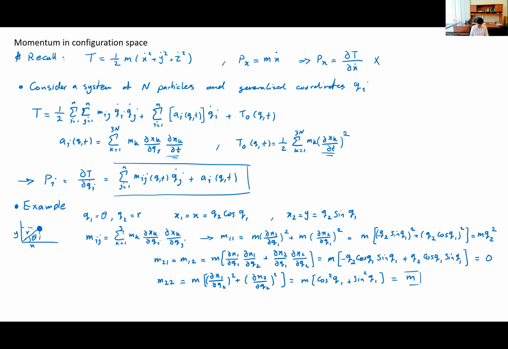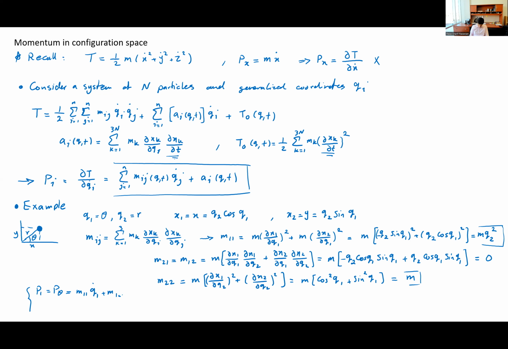So in this case, my P along p1, which is P along theta, is going to be M11 q dot 1 plus M12 q dot 2.